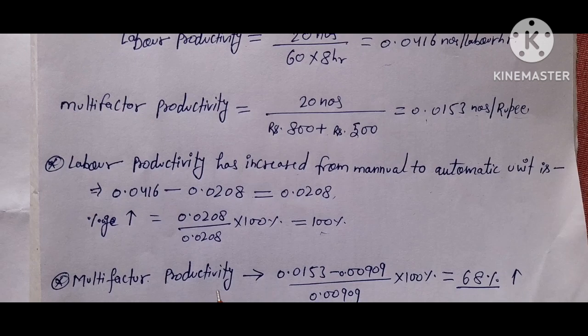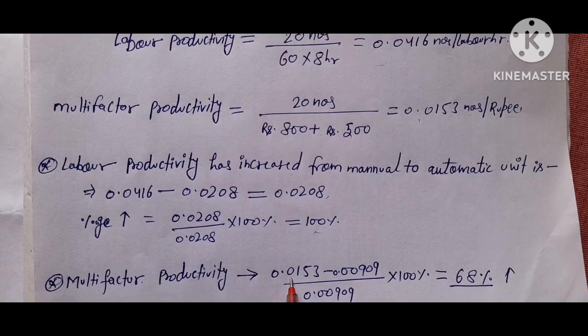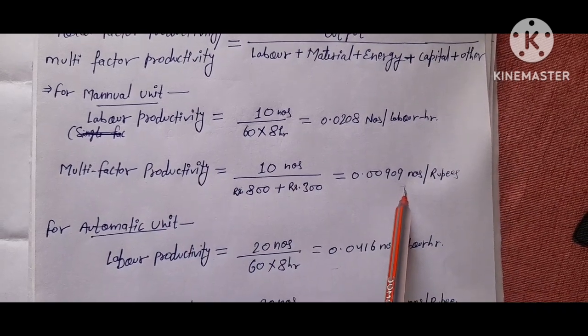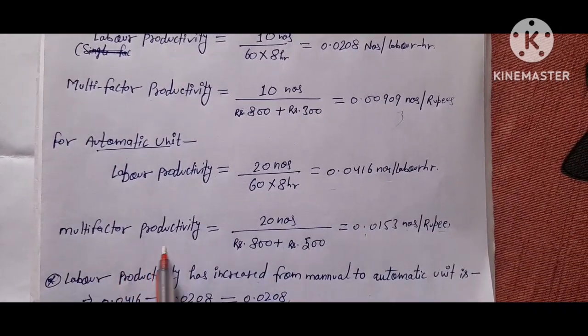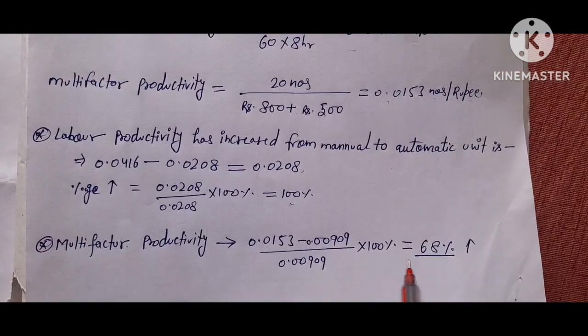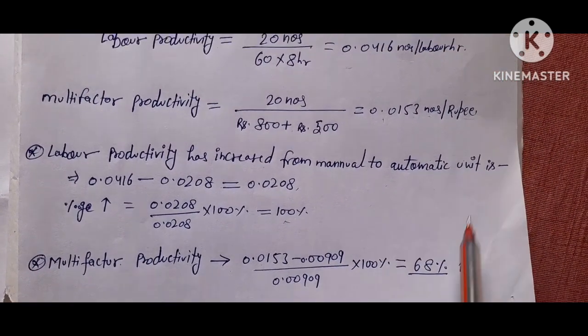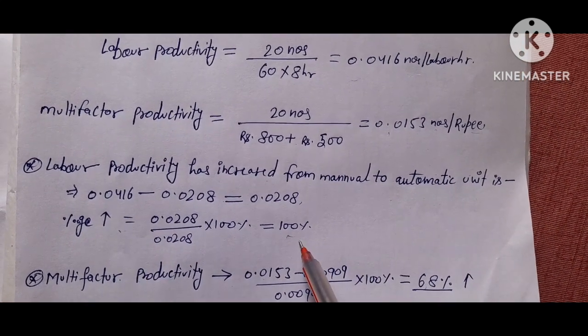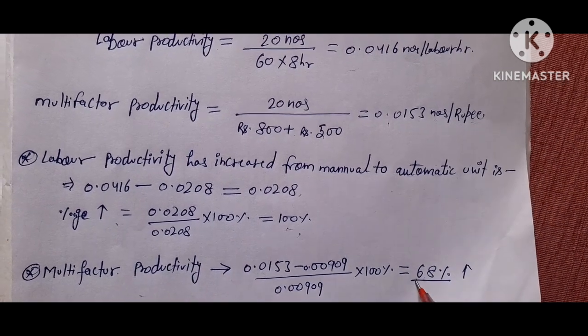And the multi-factor productivity for manual is this, and for the automatic unit is this. So the increment is 68%. Labor productivity 100%, multi-factor productivity 68%.